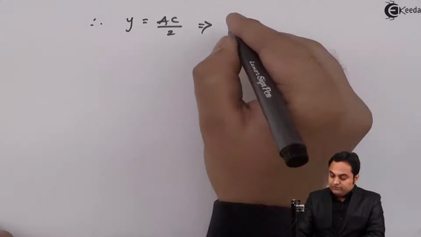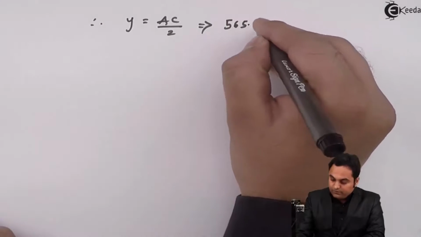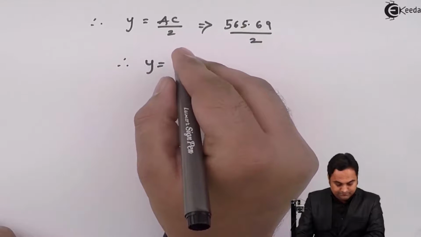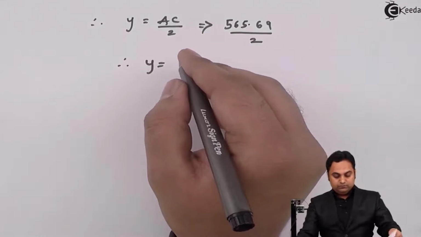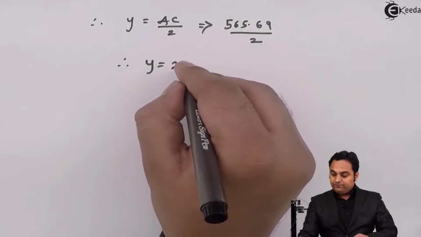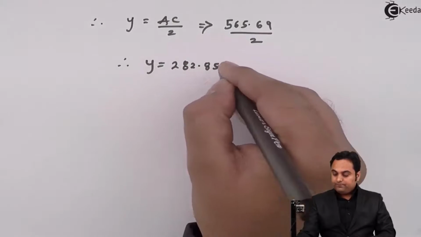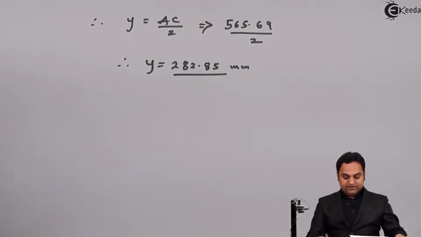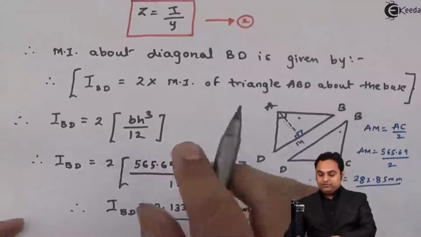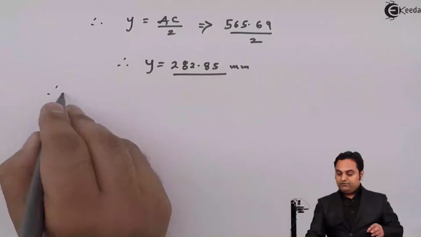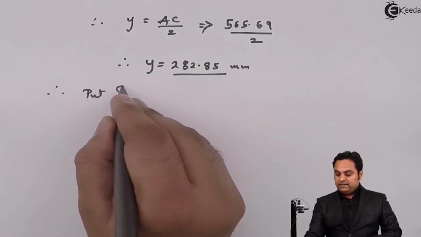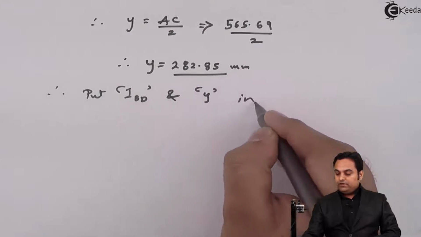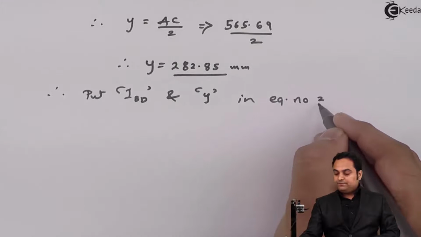So AC was 565.69 divided by 2, and y comes out to be 282.85 mm. After getting the I and y values, we can put them in equation number two.